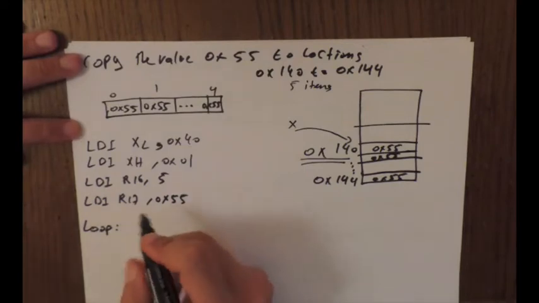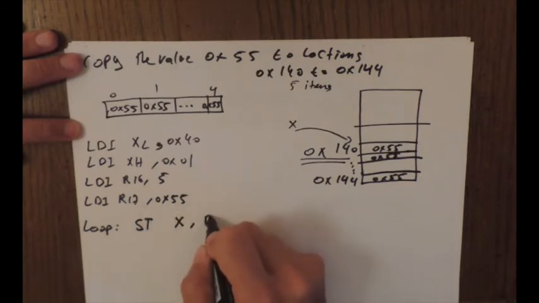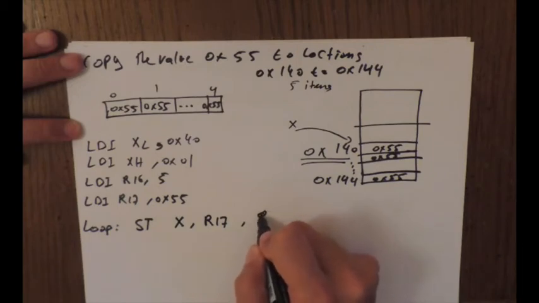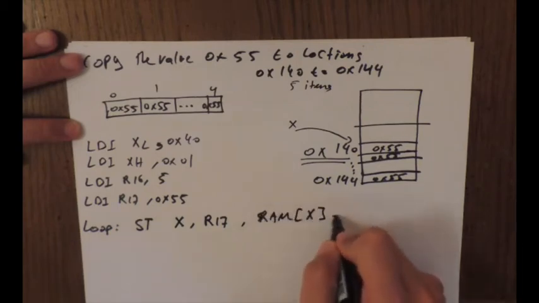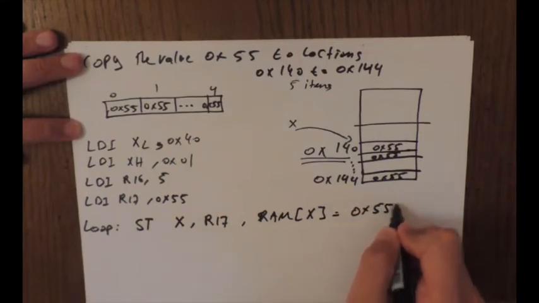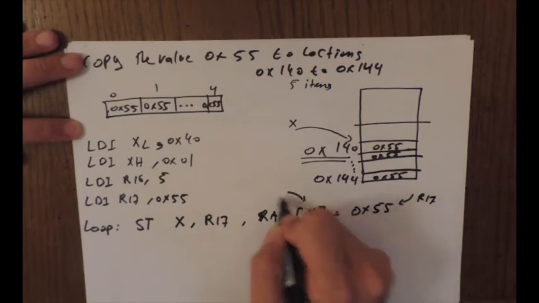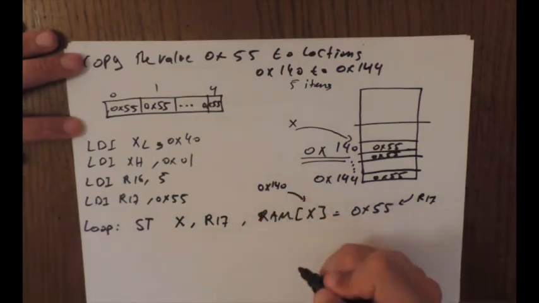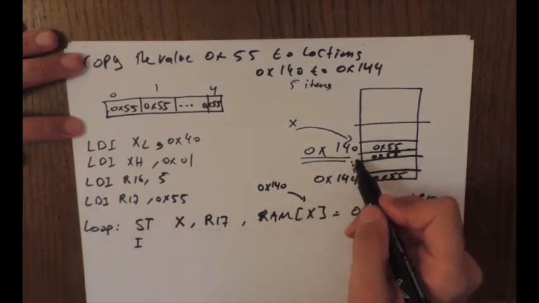I'm going to say store in x the value R17. What this does is saying that the RAM of x will be equal to 0x55. This is R17, and this is now 0x140. So now I go to the second step.